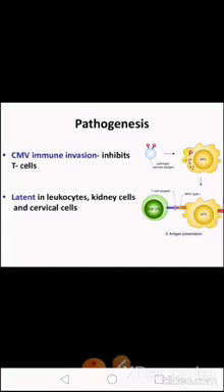Reactivation of cytomegalovirus from the latent state in cervical cells can result in infection of the newborn during passage through the birth canal. Similarly, cytomegalovirus enters a latent state in leukocytes and can be reactivated when cell-mediated immunity is decreased. Cytomegalovirus actually causes an immunosuppressive effect by inhibiting T cells.